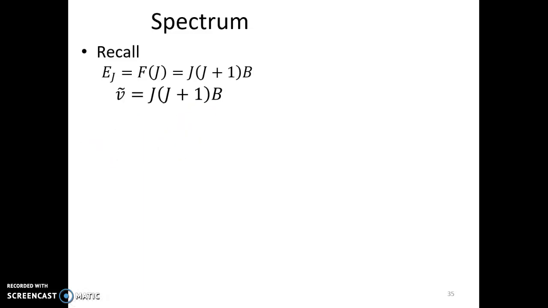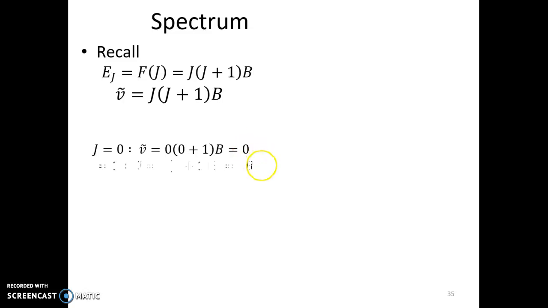energy levels. So if J equals 0, definitely, because you are going to multiply everything by J(J+1)B, anything you multiply by 0, so that's 0 times (0+1)B, that's 0. So what that implies is that your molecule in the ground state does not rotate. There's no rotation in the ground state.